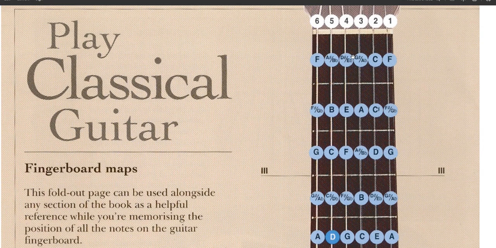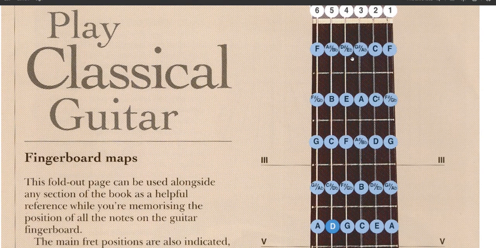Okay? Now, I told you when you sharp a note, that means the note moves one pitch higher, but also that's one fret higher for us on the guitar. So if we have this note F and we sharp the F, it goes from the first fret to the second fret, okay?